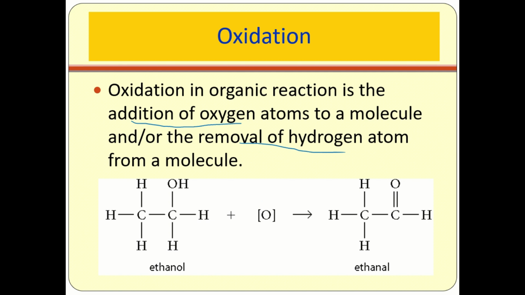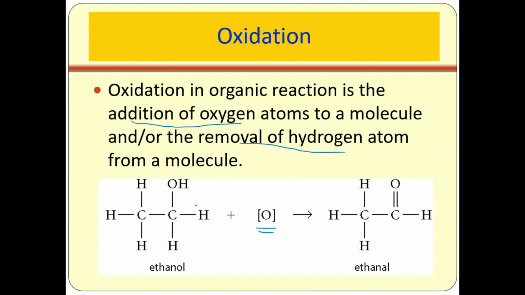So in writing equations for oxidation in organic reactions, we do not use the oxidizing agent because that would make the balancing very complicated. So we usually use a square bracket O to represent oxygen atoms that we use from the oxidizing agent in the reaction.